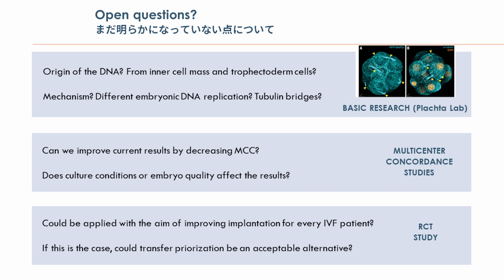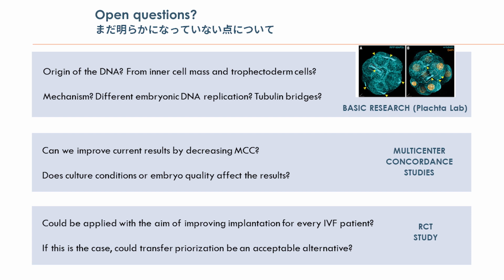So we have the result of the media, we have a grading of the embryos, and you put together the results of the media and the morphology to decide which embryo to transfer first. And the idea is to think in a prioritization system. It's not like PGT-A, where we are discarding embryos. This is just additional information from the embryo to help to choose the best embryo for the first transfer.